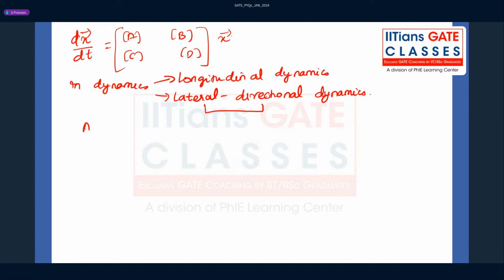In general, my matrix A contains elements, right? If you recall the long period matrix, you'll have a big 4 cross 4 matrix wherein you have all those elements. I'll just explain what that matrix is. The matrix A consists of the parameters which explain the effect of longitudinal disturbance on the longitudinal motion.